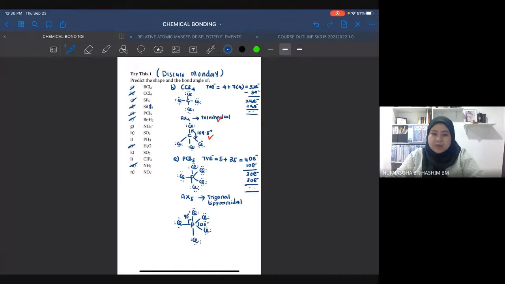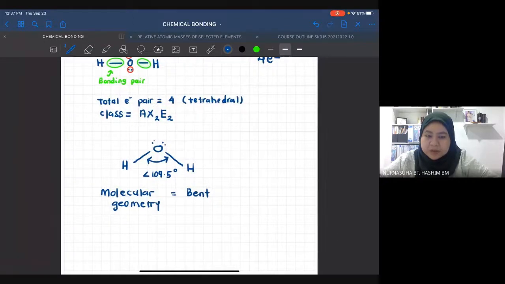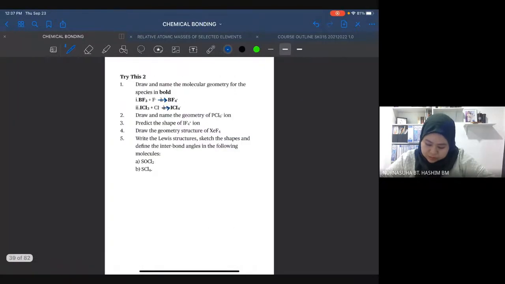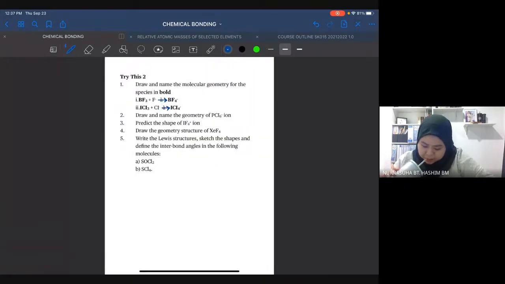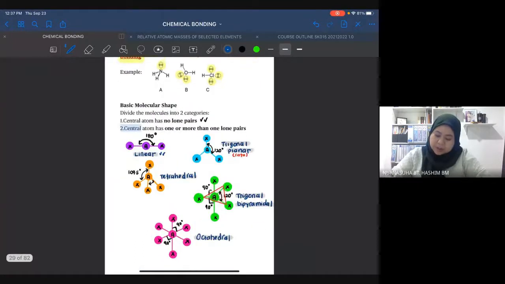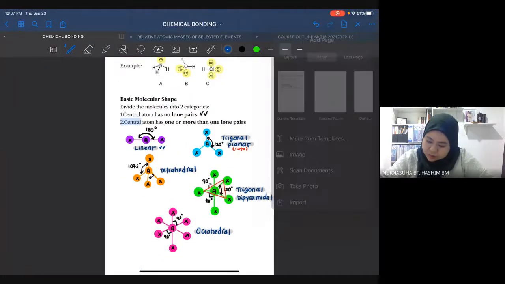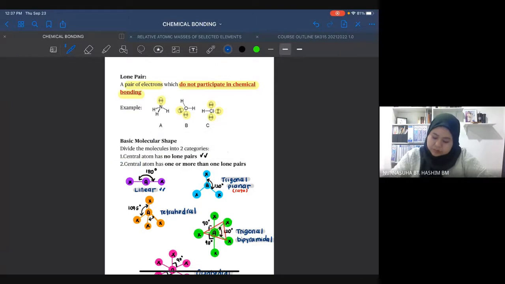Try it on your own first. How do we get a shape like this? If there is a lone pair, you have to hide it. Wait, Madam will look at more examples here.